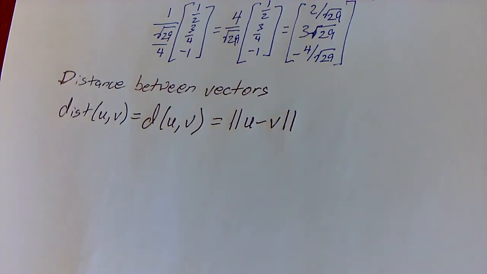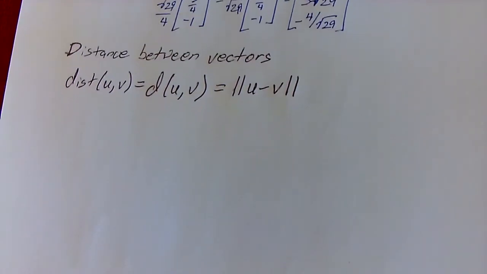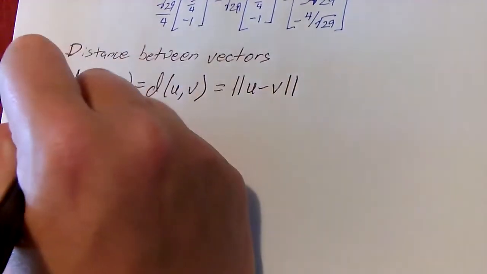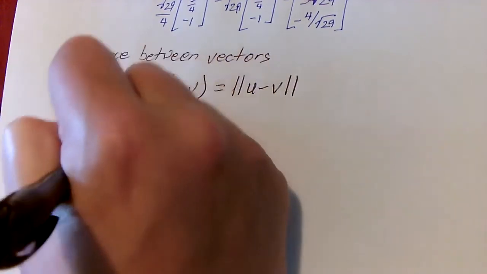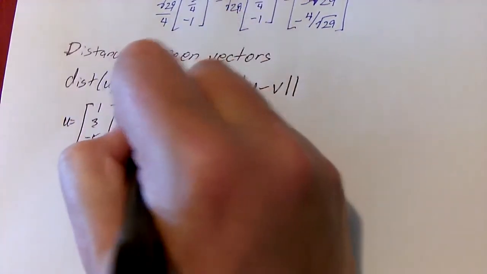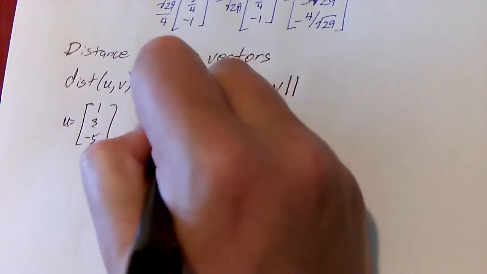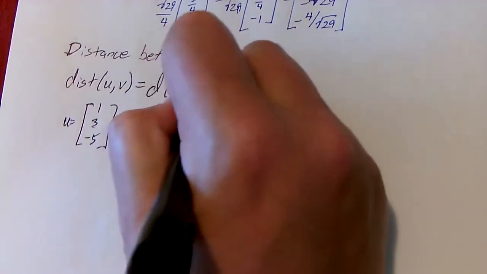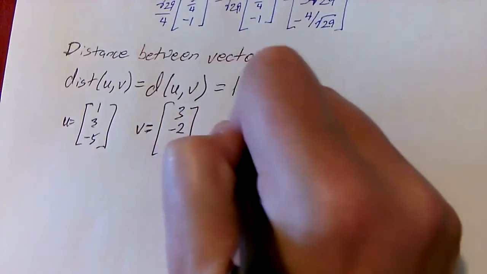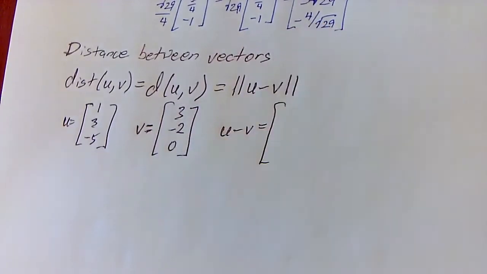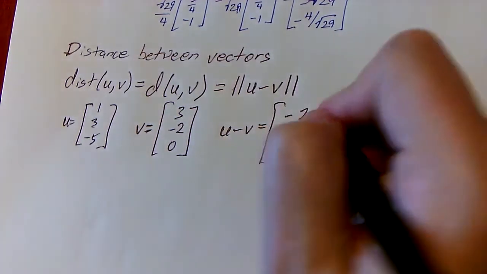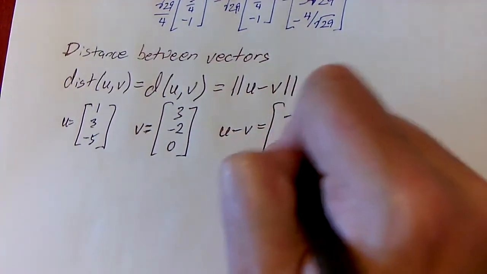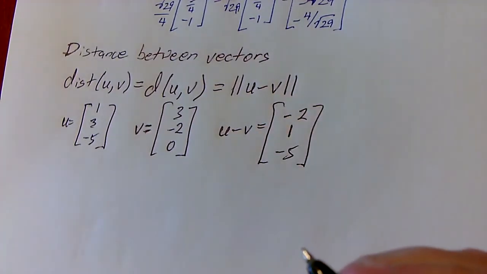We know we can subtract vectors, so we're still subtracting vectors here. So let's pick 2 vectors. u is going to be equal to 1, 3, -5. v is going to be equal to 3, -2, 0. So u minus v, again, remember to subtract vectors, we just subtract the components. So 1 minus 3 would be -2. 3 minus 2 would be 1, and -5 minus 0 would be -5.